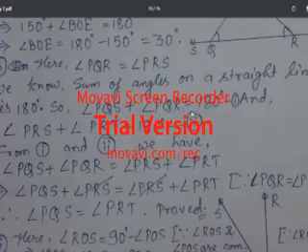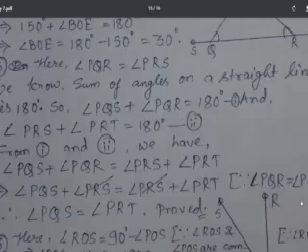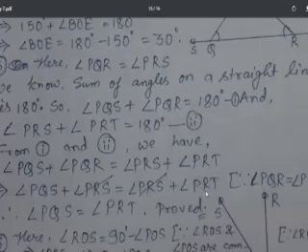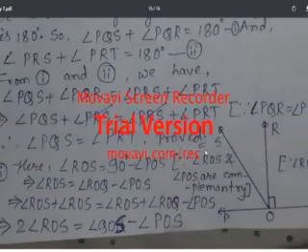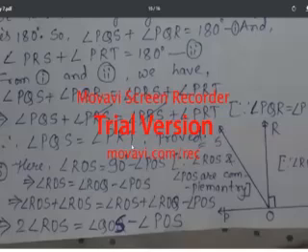PQS and PQR is also 180 degree, and PRS and PRT is also 180 degree. So now as I had written, since PQR is equal to PRS, so both got cancelled, and I had written PQS is equal to PRT. Okay, in this way it has been proved. It has been said to prove that angle PQS is equal to angle PRT.